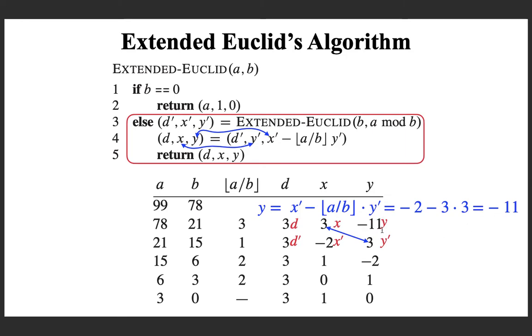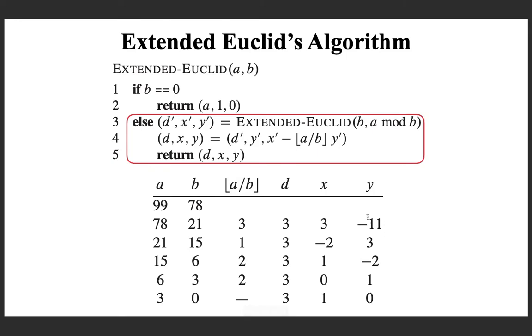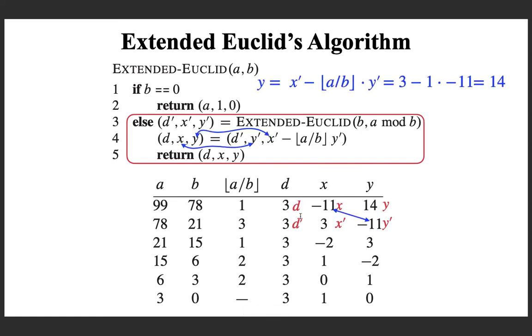Now this triplet is going to become d prime x prime y prime for the first recursive call, and you obtain the d, x, y in terms of these by applying these formulas. Verify that it is correct. D and d prime are same, and what is x?